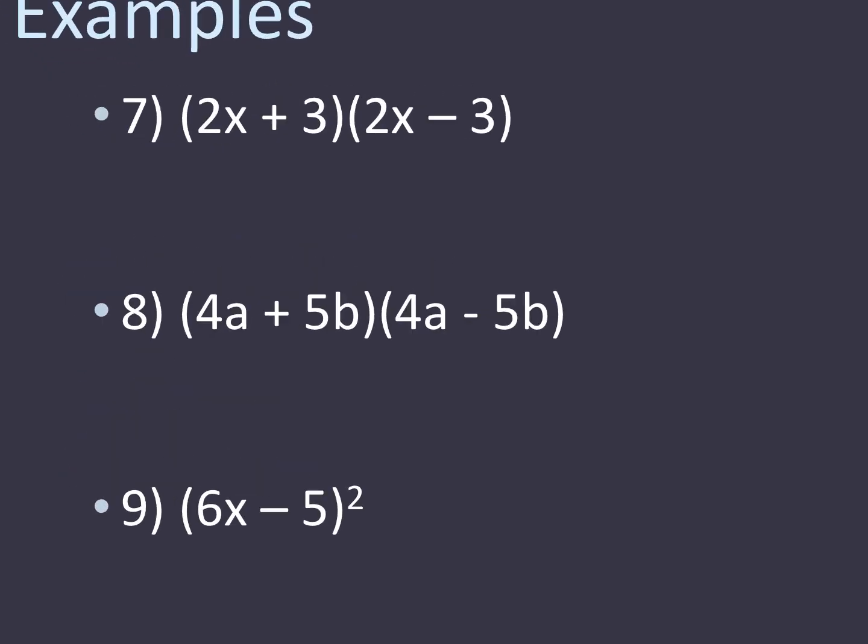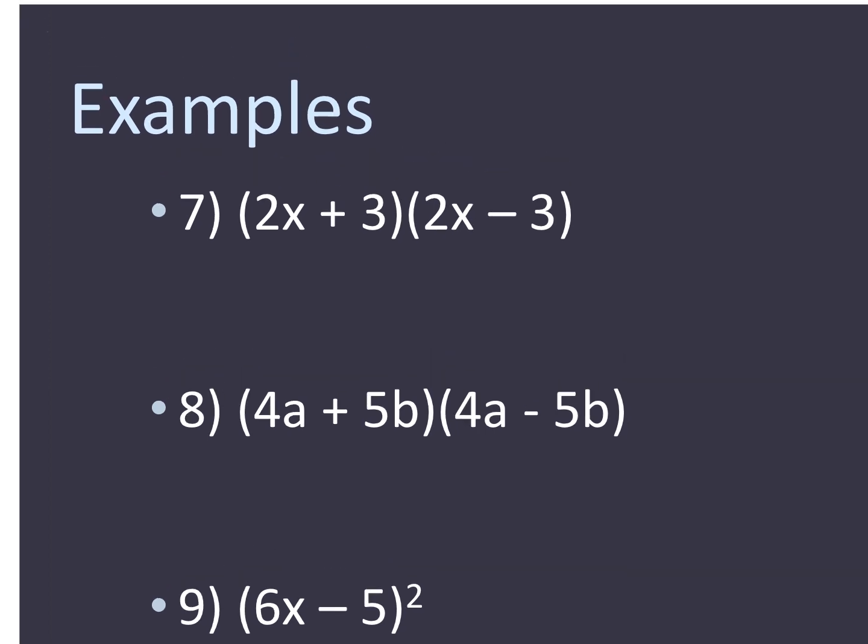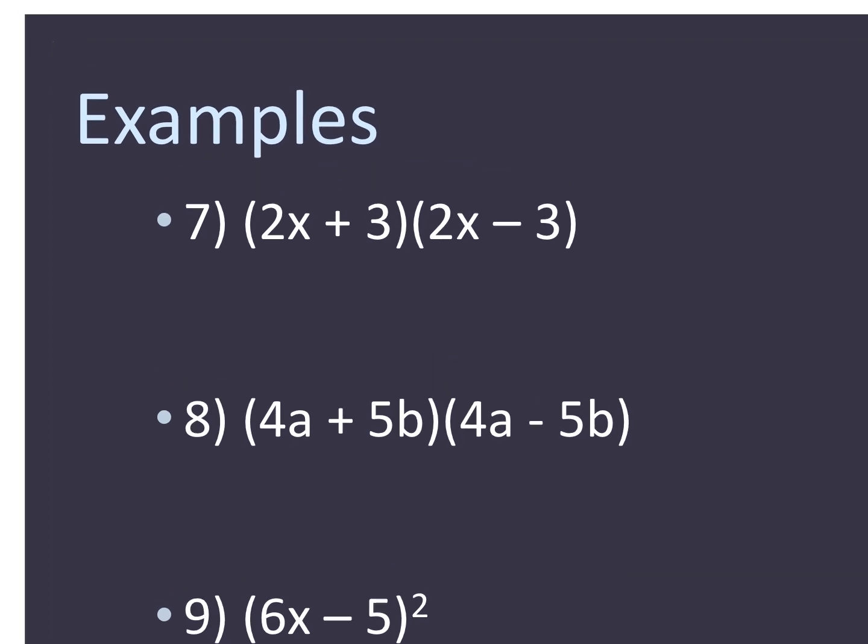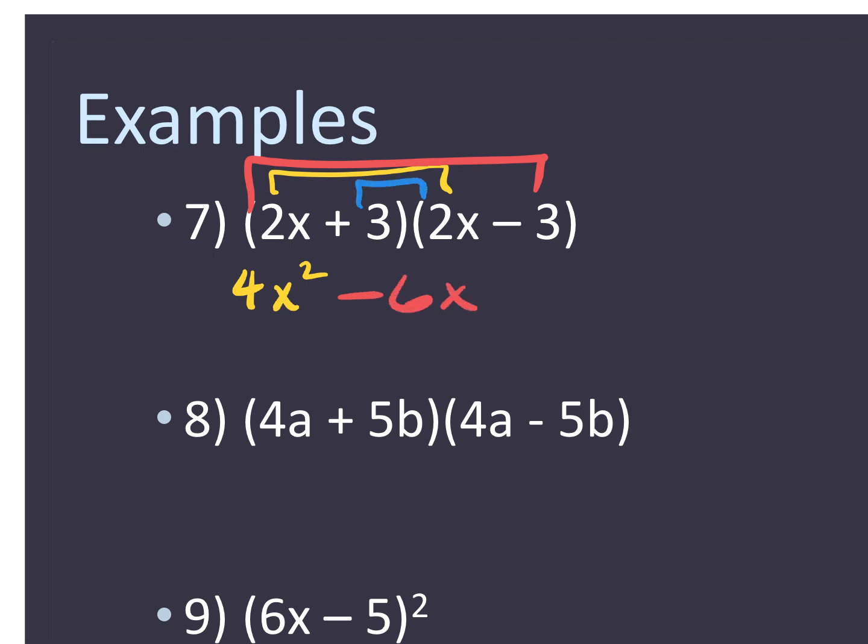So for the first one, I'm going to FOIL it. First, 2x times 2x is 4x squared. Then I'm going to do 2x times negative 3, negative 6x. Then do 3 times 2x, positive 6x.